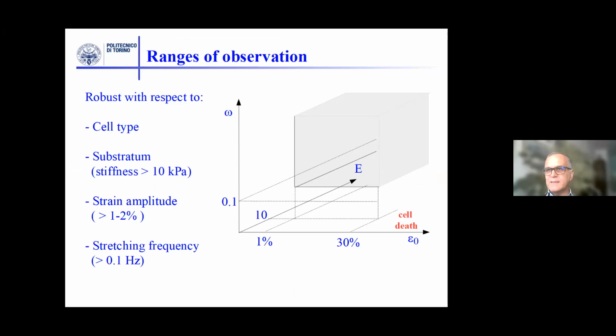By the way, the fact that the stretching frequency has to be high enough is related to the fact that if you take the specimen and you just pull it and keep the deformation, you don't see any reorientation. That's 0 Hertz, in a sense, or if it is very slow. And as we shall see, this is related to the fact that if the pulling is slow, then cells have enough time to readapt and to release the stress.